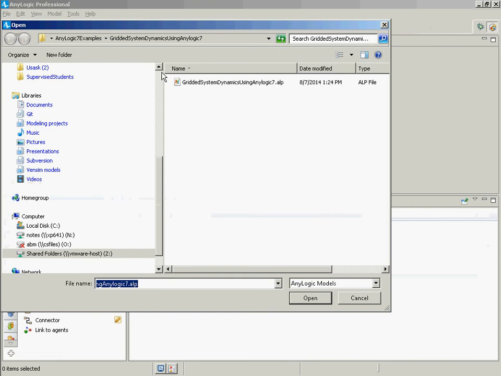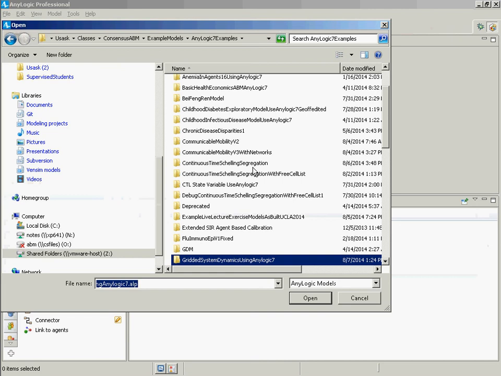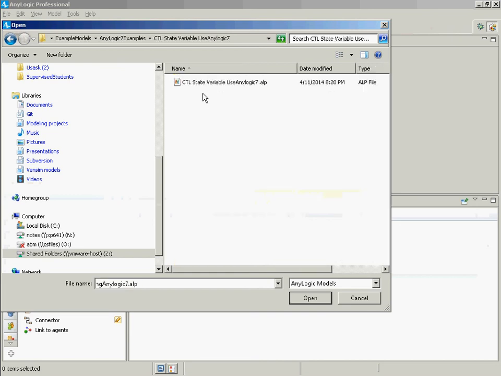So now let's open up a model, one called CTL state variable, using AnyLogic 7. CTL stands for cytotoxic T lymphocyte.